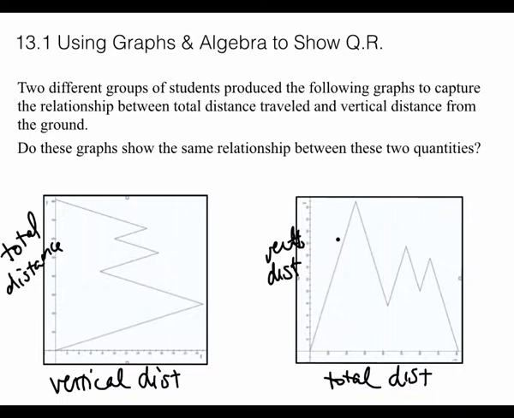And the information they're representing is that total distance is always increasing, even as vertical distance both increases and decreases. If we were to dig into the numbers on these graphs, we could see equal changes in vertical distance yield the same change in total distance. Okay.